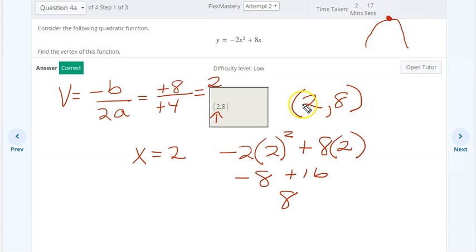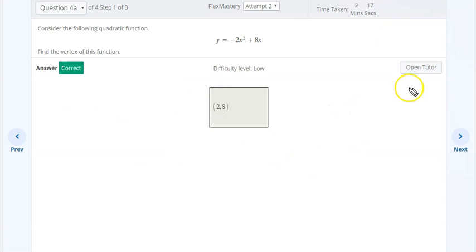Now, how about finding the zeros? Well, I'm going to remember it's 2 and 8, and a is negative, so it's going to open downward. So let me just sketch that in here. 1, 2, 3, 4, 5, 6, 7, 8. 2, 8.